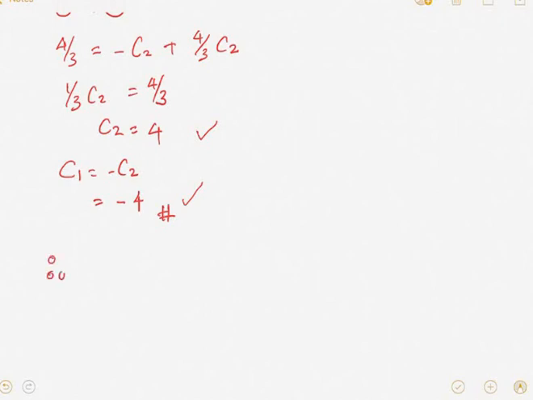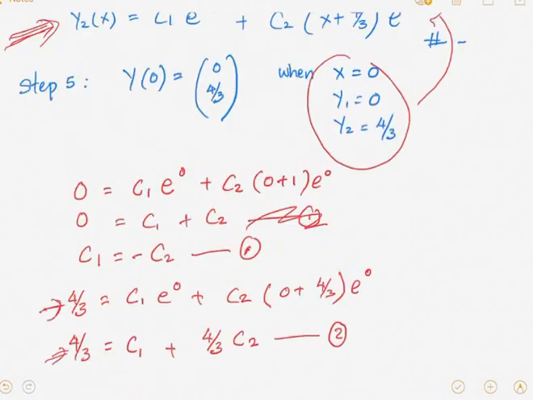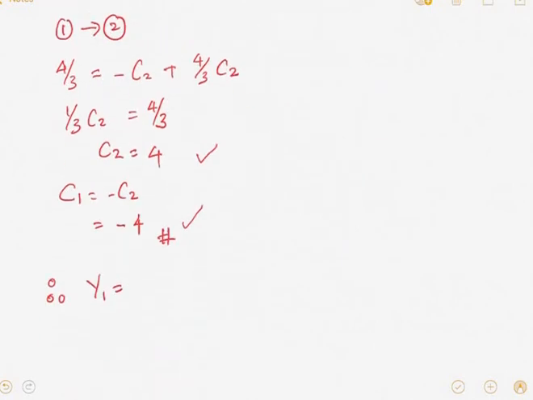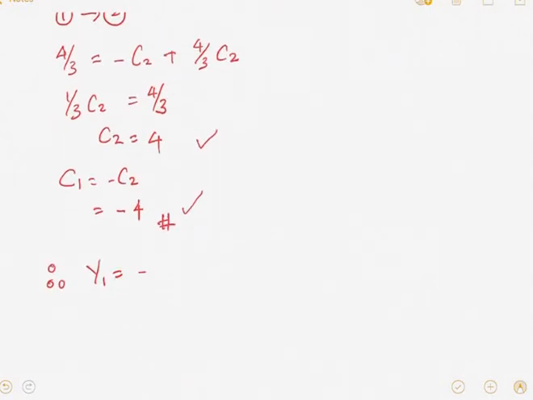So the last answer is y1 equal to negative 4 e to the 4x plus 4(x plus 1) e to the 4x, which equals 4x e to the 4x.